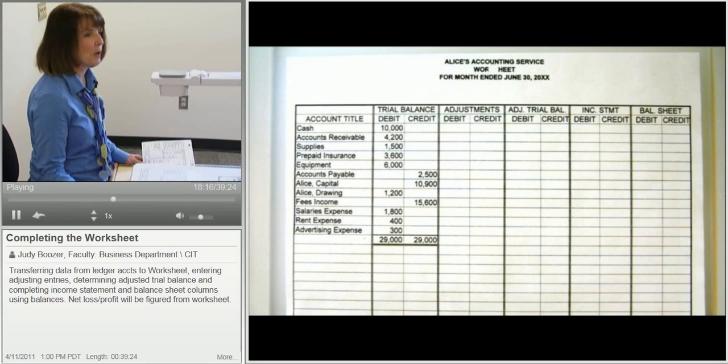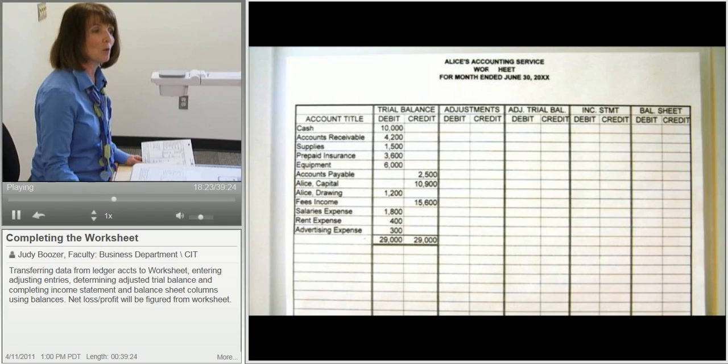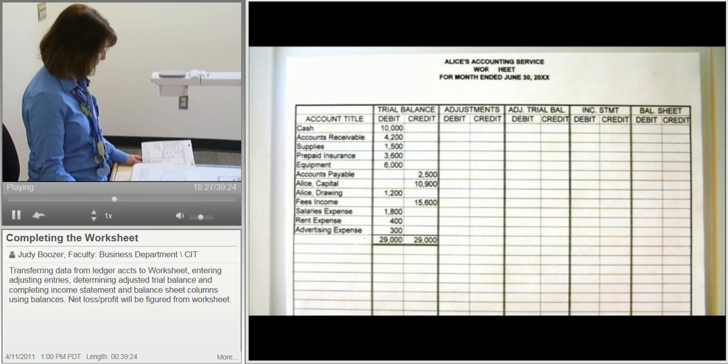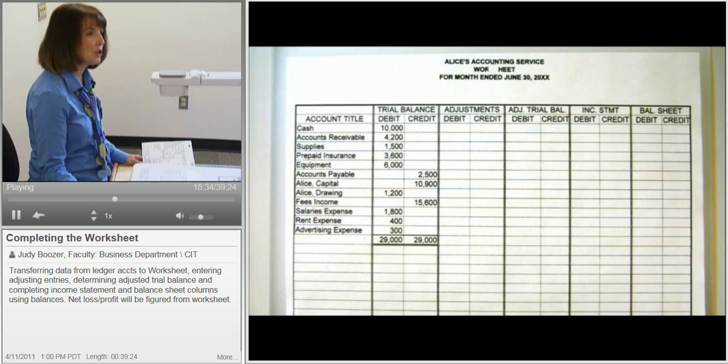Once we're done transferring the information from the ledger accounts to the trial balance portion of the worksheet, we're ready to do what's called adjustments. Look at the data at the bottom. The first one says, prepaid insurance consists of 12 months of insurance purchased at the beginning of June. What is it now?